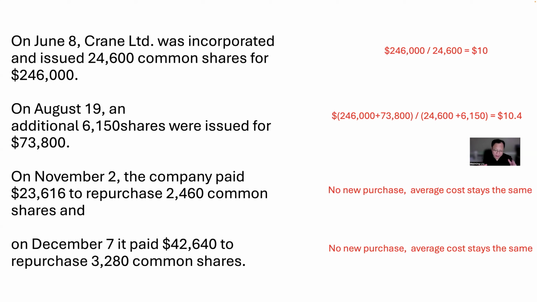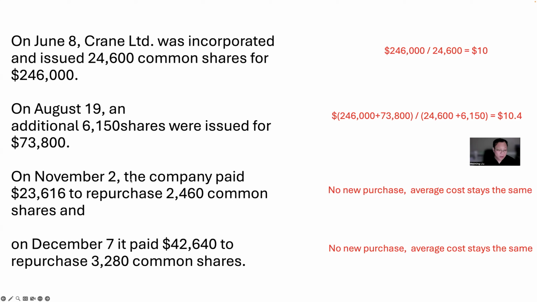So when you think about the shares, when you do not buy new shares, basically there's no new purchase, so the average cost stays the same. Well, you may ask, the number of the shares is reduced, right? Well, when we have this number of shares reduction, the cost will be reduced accordingly, okay? So you use the average cost of $10.40 to redeem the cost of the number of shares you redeemed.